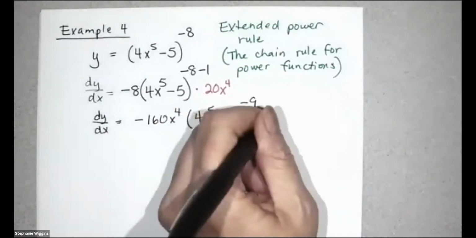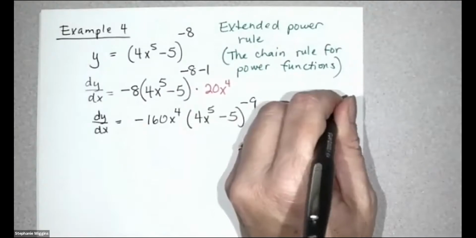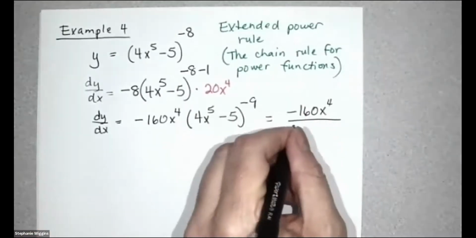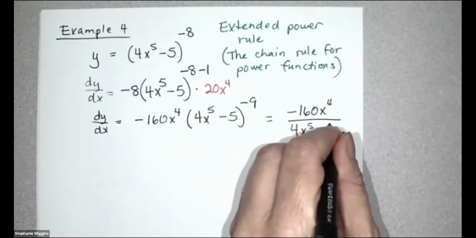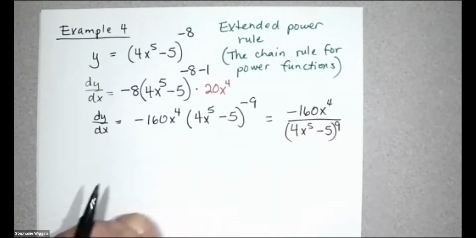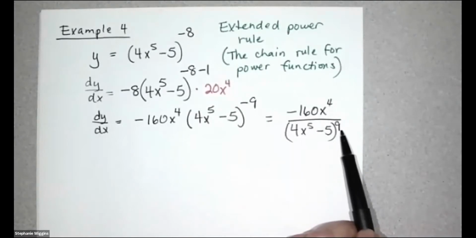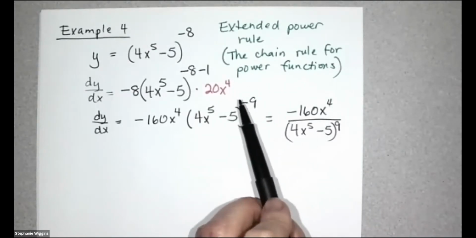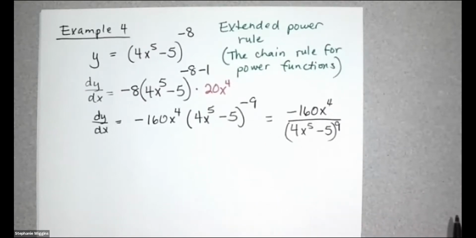And you can leave it like that, or you can write it as -160x to the 4th over 4x to the 5th minus 5 to the 9th power. Moving it to the denominator, the power becomes positive, because this negative just means you take this whole thing and put it in the denominator. Okay.